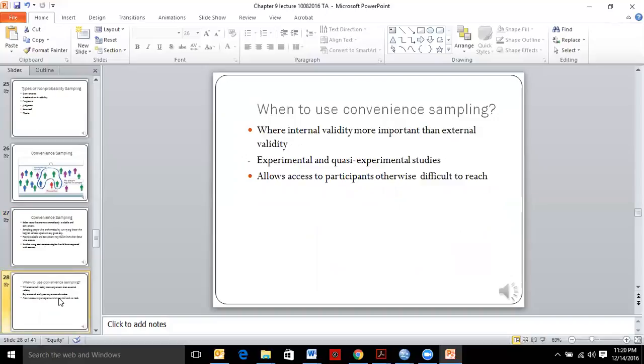So when should we use convenient sampling? We can use it when internal validity is more important than external validity, for example, in experimental and quasi-experimental studies.